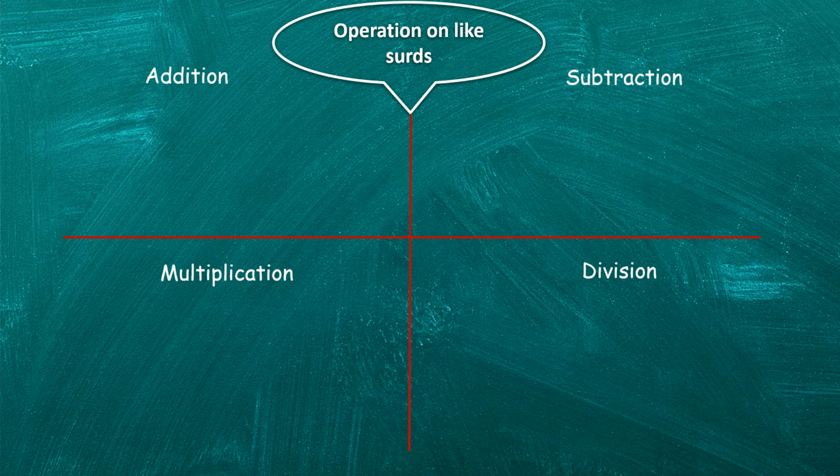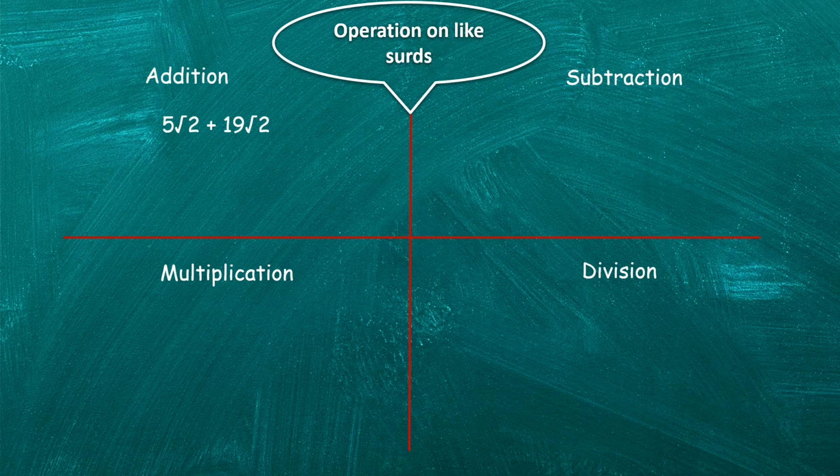We'll understand with the help of an example. Remember, in this case surds should be in their simplest form. As we have learned till now, for calculation purposes surds should be in their simplest form.